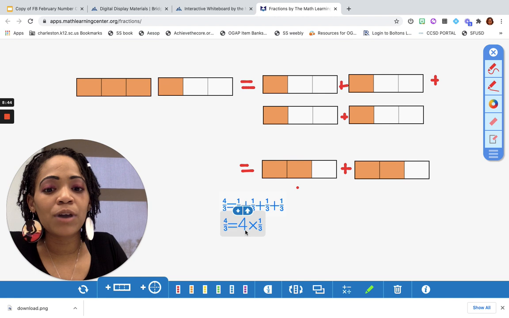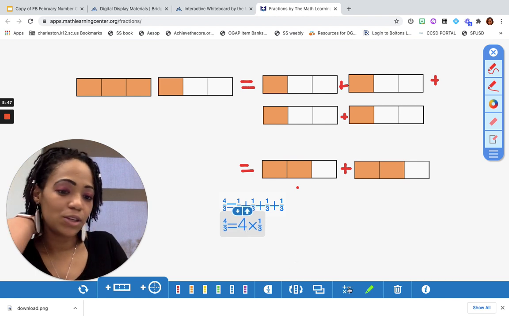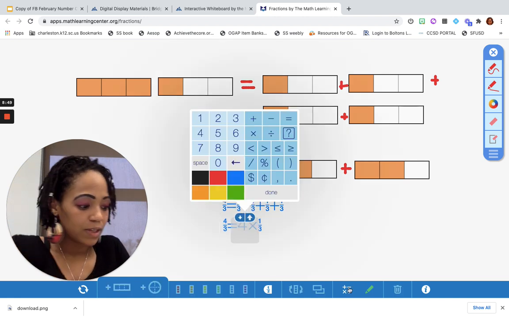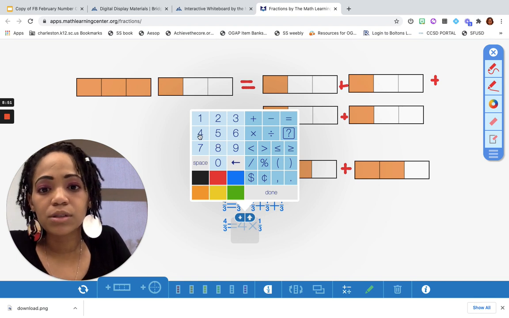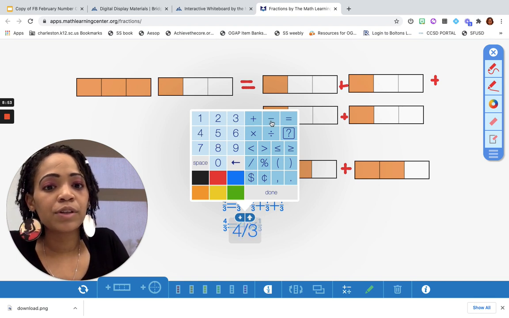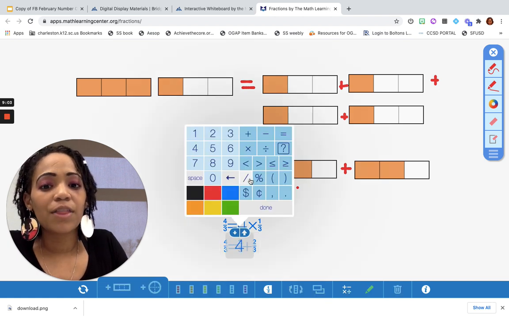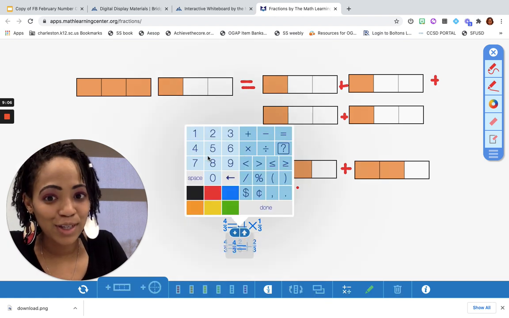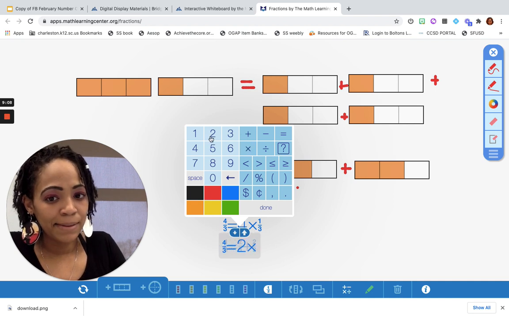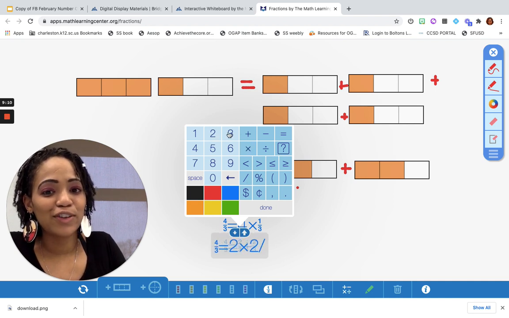Now, if you thought about the second one that I've represented, then you could also say that 4/3 is equivalent to 2 times 2/3. So 4/3 equals 2/3 plus 2/3, which is the same thing as saying 4/3 equals 2 times 2/3.